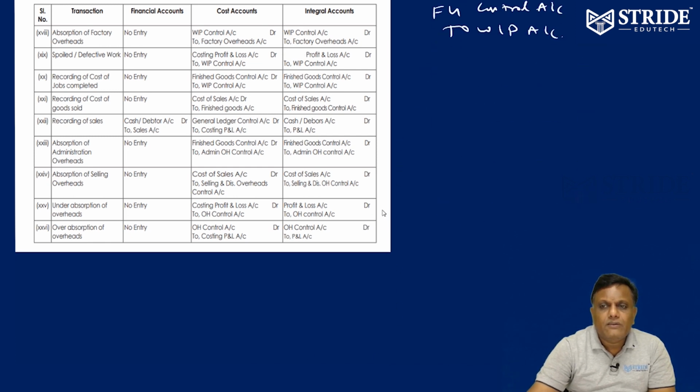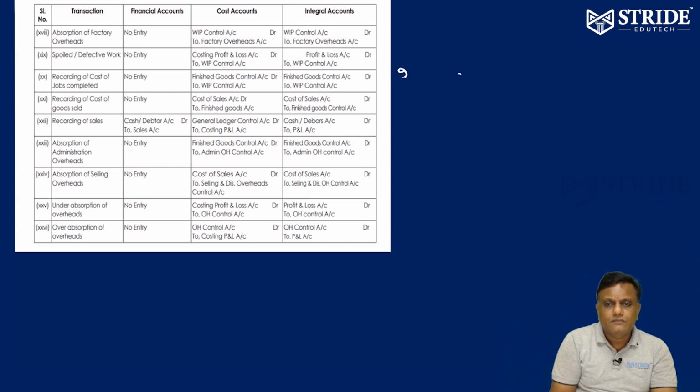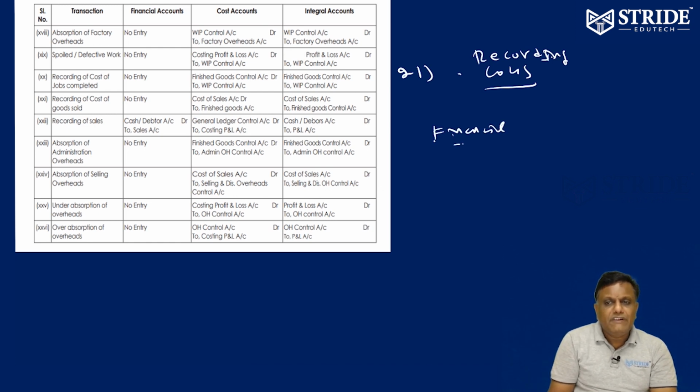Transaction number 21, recording of COGS. How is the recording of COGS to be done? Cost of goods sold to be recorded. In financial, once cost of goods sold is recorded, there is no entry. But in cost, it is ready for sale. Okay, we have to take from stock.